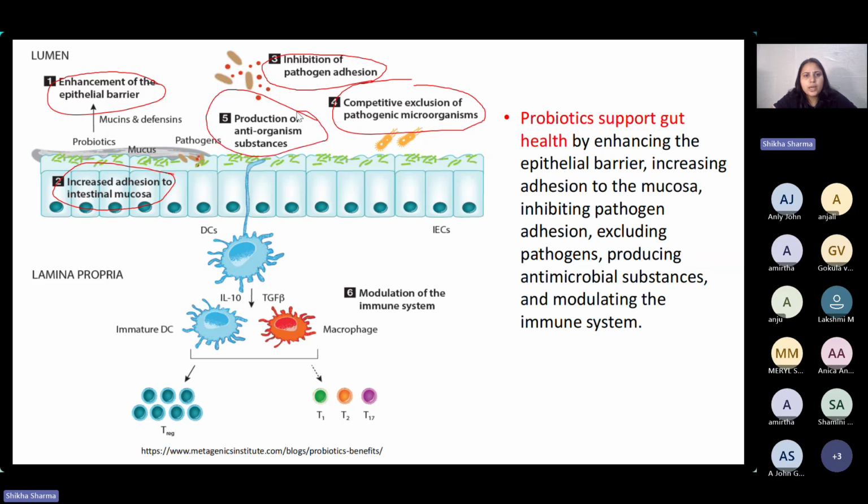Then they produce antimicrobial compounds, which remove these harmful bacteria or reduce their population, and then at the end they modulate the immune system.